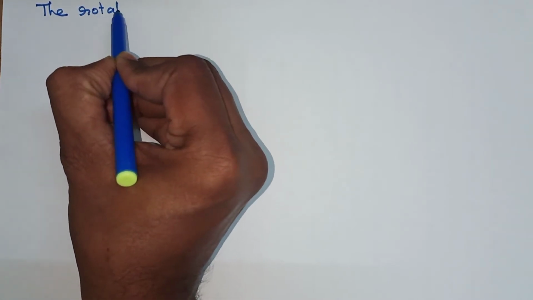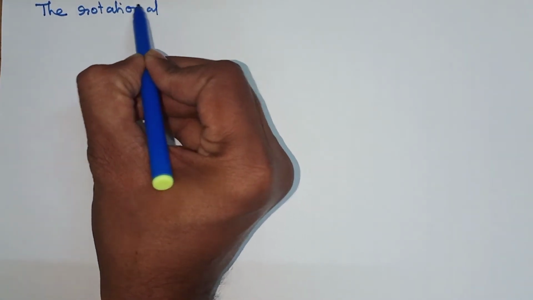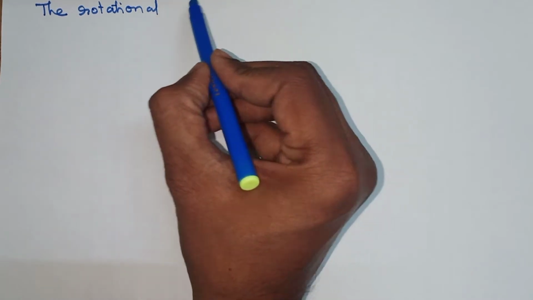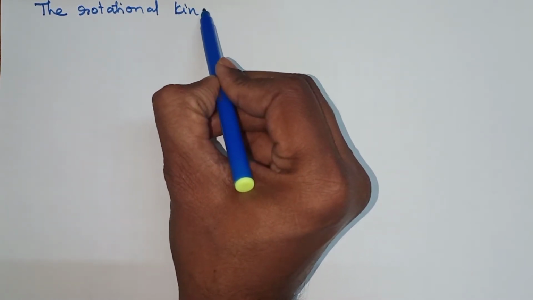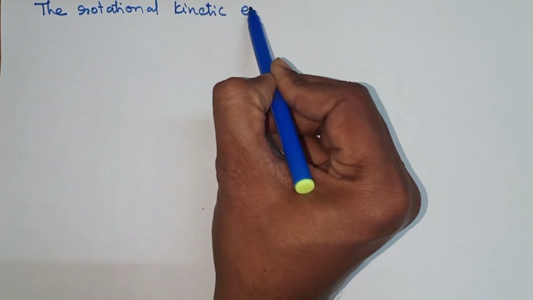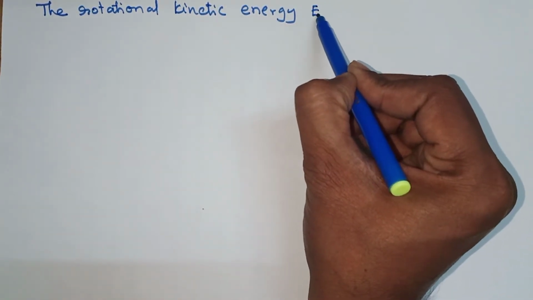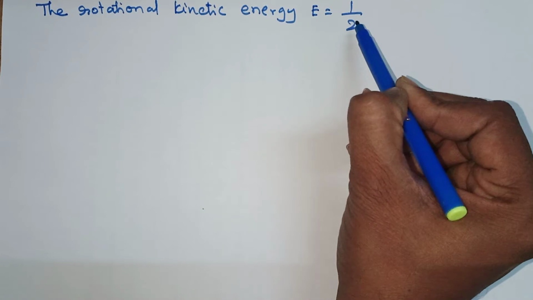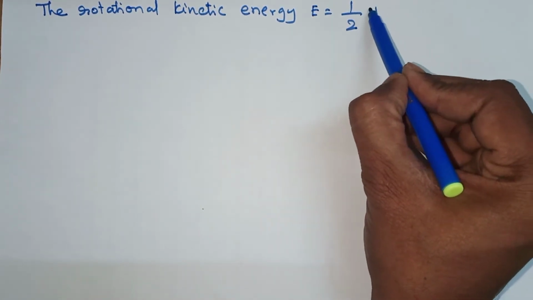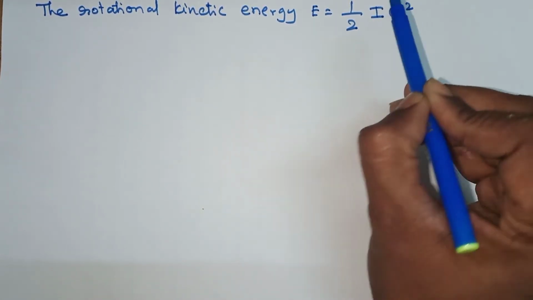In the last class we observed that rotational kinetic energy E is equal to half I omega square.